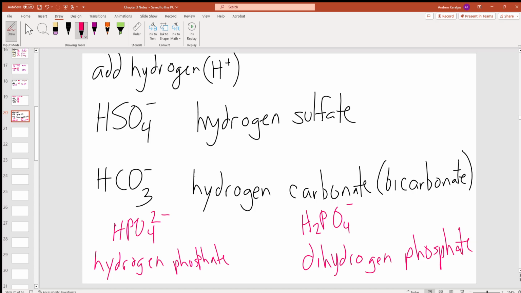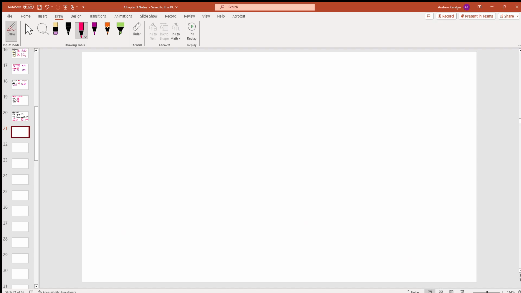And finally, for our list of polyatomics, a couple others that we just kind of need to remember. So we have XO3 minus. Whenever we use this X in a formula, it usually means that we're dealing with a halogen.